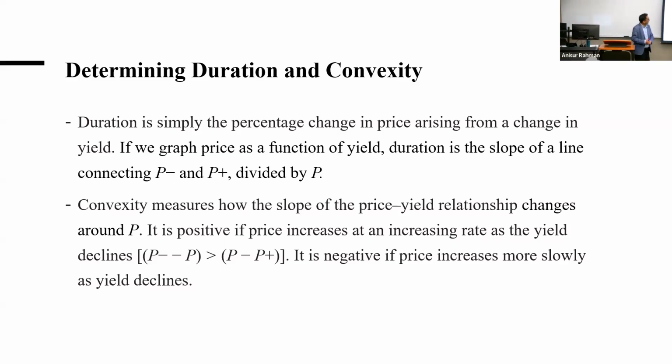Now, duration is simply the percentage change in price arising from a change in yield, right? If we graph the price as a function of yield, duration is the slope of a line connecting P minus and P plus, and then divided by P. Convexity measures how the slope of the price yield relationship changes around P.